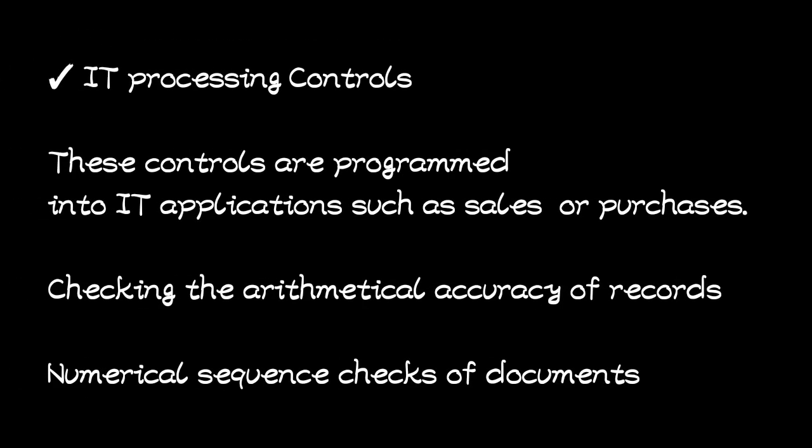Another control activity is IT processing controls. These are controls that are programmed into IT applications such as sales or purchases. They check the arithmetical accuracy of records. They check to see whether the figures that were written are correct. An example can be the numerical sequence checks of documents.